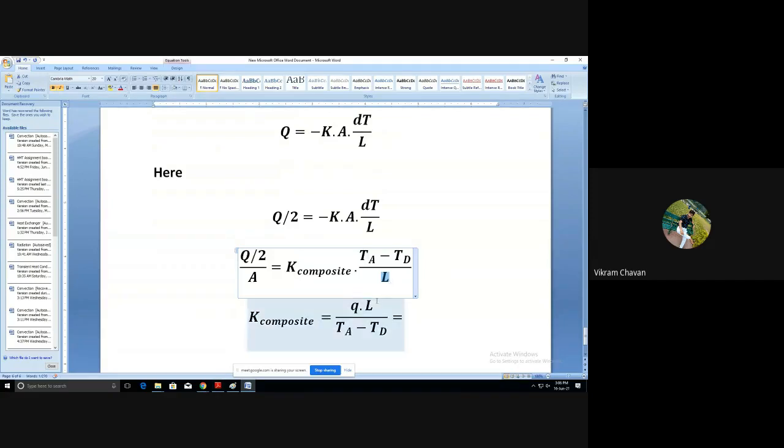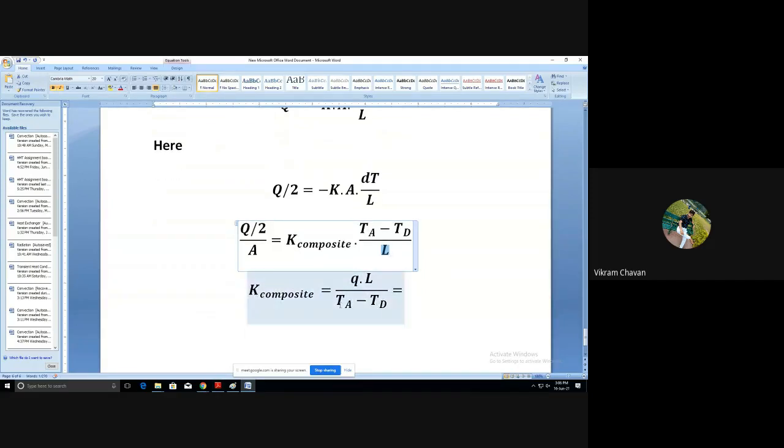So K composite will be equal to small q, that is the heat flux we have calculated, multiplied by the total thickness of the slab, divided by Ta minus Td.